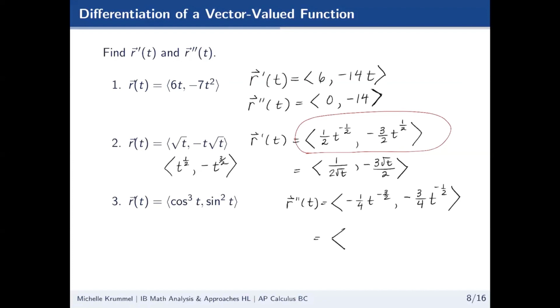And if we want to rewrite those so that we don't have negative exponents, we can do negative 1 over, and we can leave it with the rational exponents, 1 over t to the power 3/2. Or if we want to switch to radical form, that's going to be the square root of t cubed. And here, negative 3 over 4 root t. Okay, I'm going to erase that so we have room to work out number 3.